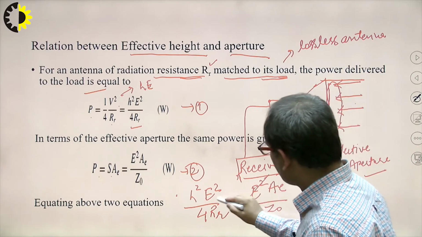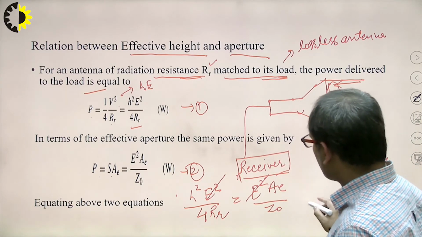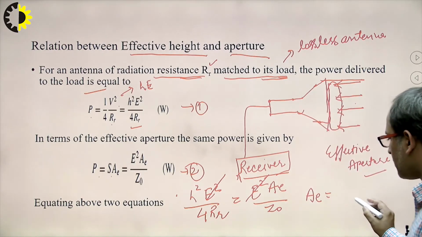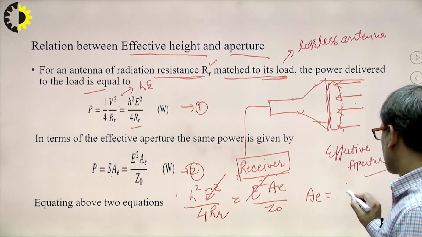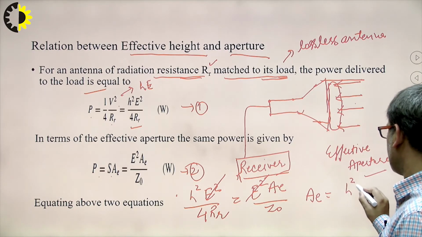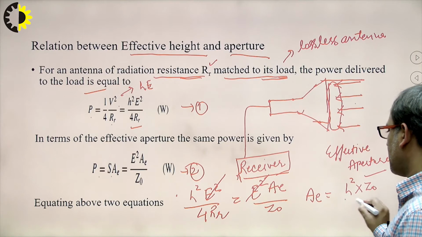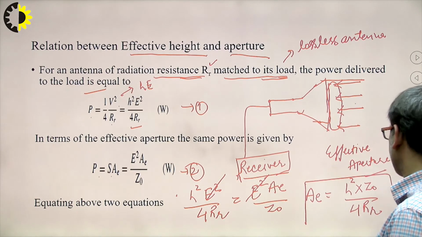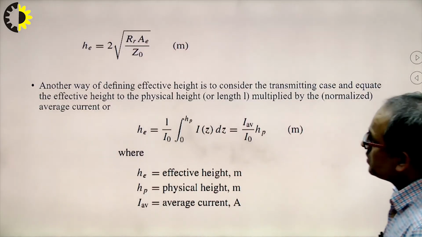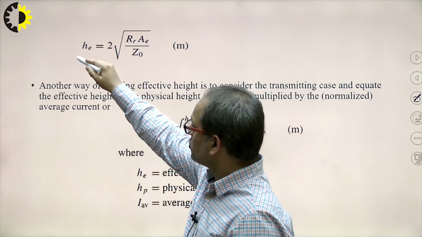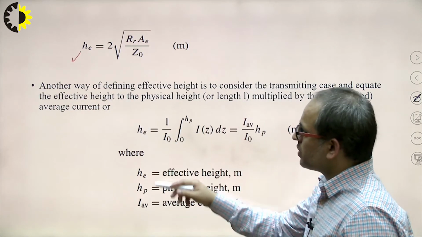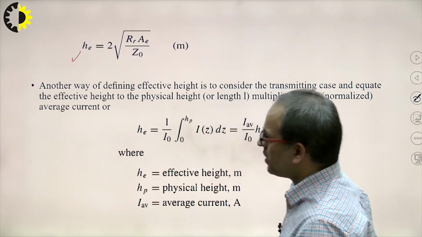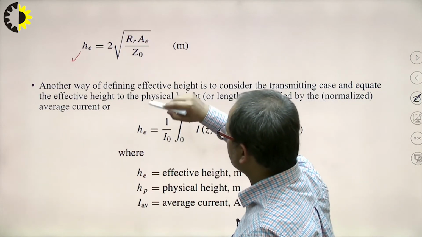So here E square cancels out, and you will get AE equal to H square multiplied by Z naught upon 4R. Clear? Or you can also say that the effective height HE is equal to twice the square root of radiation resistance multiplied by effective aperture area divided by Z naught.